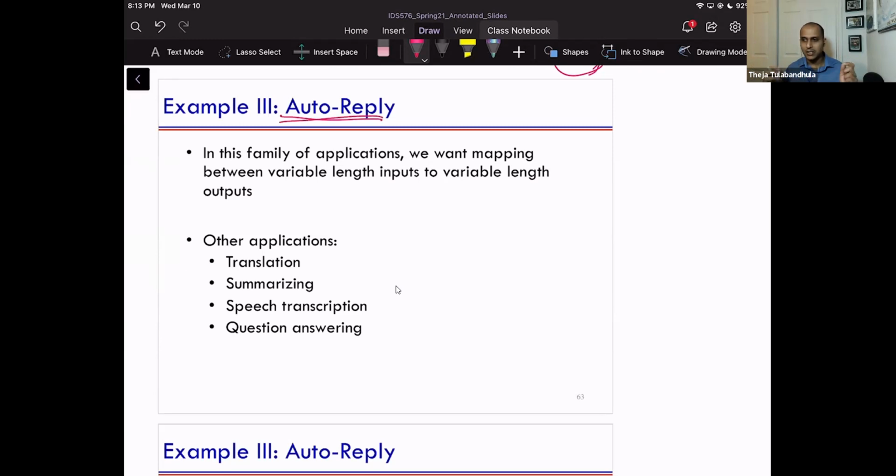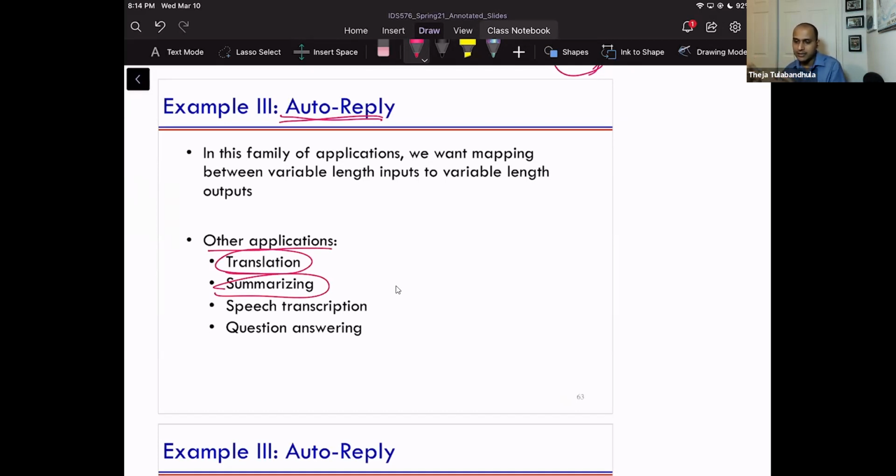You have a variable length input, which is an email, and we want to produce a variable length output, which is an automatic reply. But the same idea applies to translation, which is question 2. Text summarization: you have a paragraph or a full text article as an input, and you produce a shorter text.